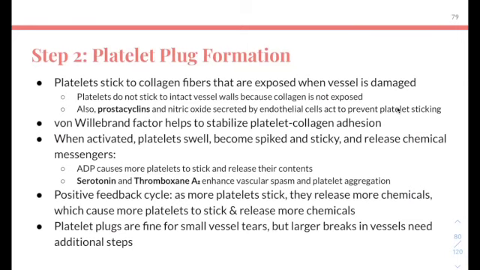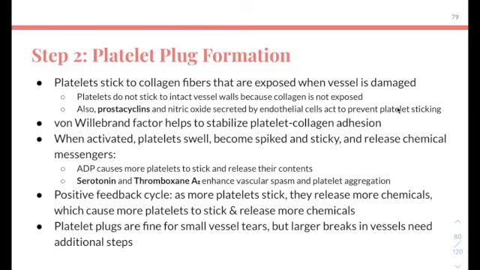So we also need prostacyclins and nitric oxide, which are secreted by the endothelial cells that line the blood vessels. Those actually act to prevent the platelets from sticking. There's von Willebrand factor that helps stabilize platelet collagen adhesion.